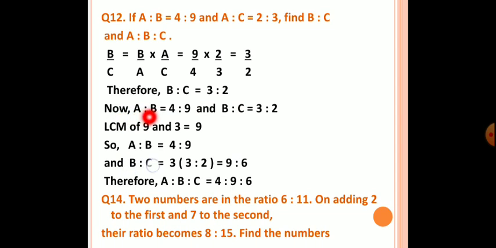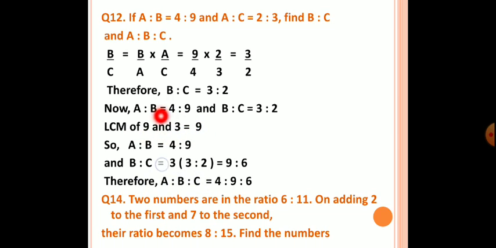Now, A is to B is given as 4 is to 9 and we have got B is to C as 3 is to 2. In both these ratios, we have B common, but the value of B is not the same. So, to make it the same, we will take the LCM of the two values of B. The LCM of 9 and 3 is equal to 9.